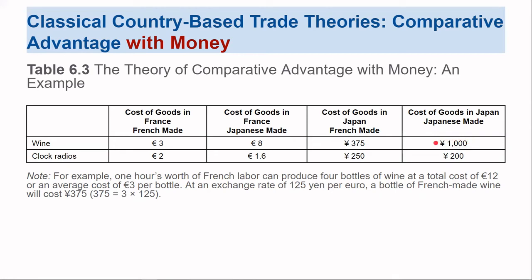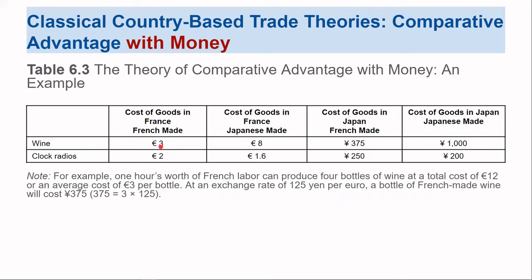So 1 euro is worth 125 yen, so the exchange rate is 125 yen per euro. So you can convert this and you get this. For example, 1 hour of this is 1,000 yen. How to get that is actually the cost of goods made in France.